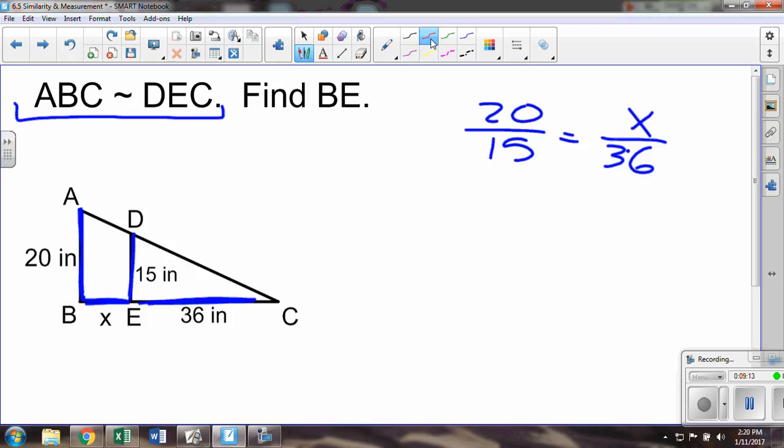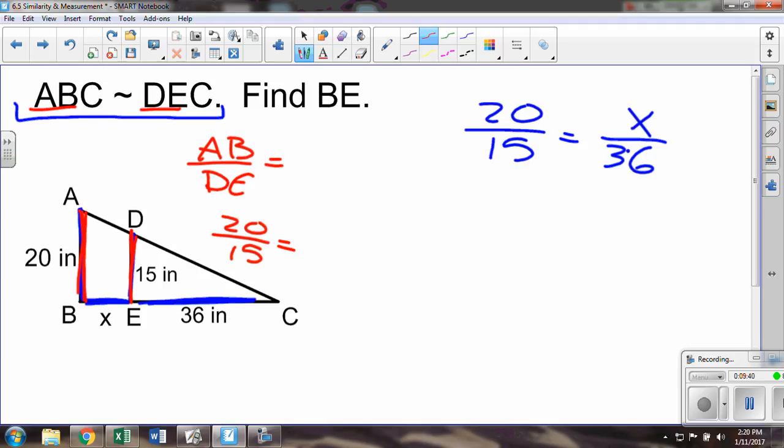When we start building our proportion, we of course have the base AB, which is position 1, 2. We know it has to match up with position 1, 2, which is DE. No problem there. AB has to match up with DE, which was that 20 over 15, exactly as we were saying before.